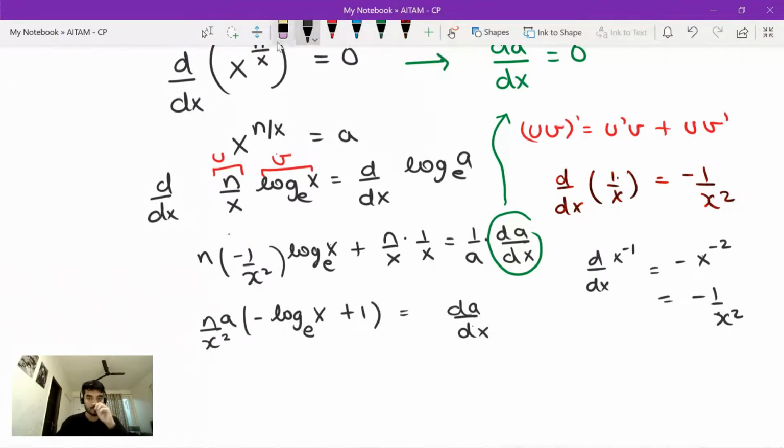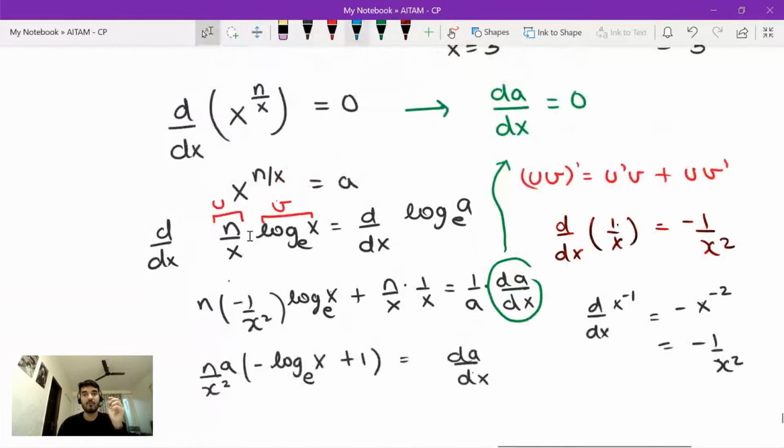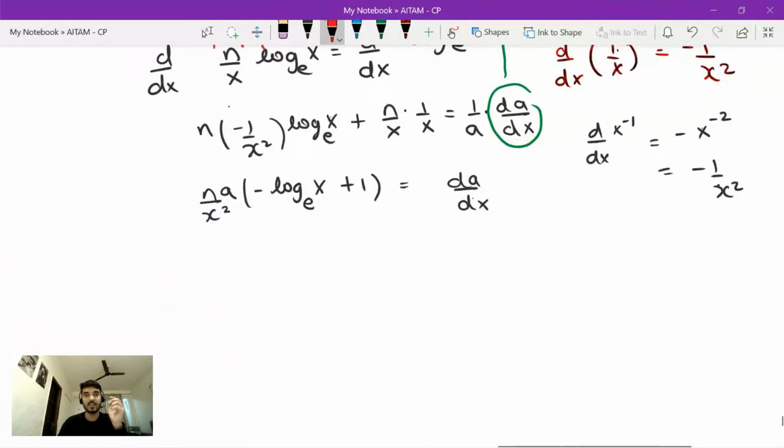And we all know, to get the maximum value, we must have dA by dx equal to 0. So this term is equal to 0. To make this equal to 0, the value of n was constant. The value of n was always greater than 0. It won't be possible to have n equal to 0, because in this case your product is equal to 0.